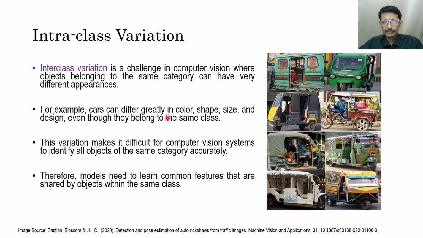For example, cars differ greatly in color, shape, size, and design, even though they belong to the same class. Same as this auto. This variation makes it difficult for computer vision systems to identify all objects of the same category. Therefore, the models need to learn common features that are shared by objects within the same class. So, these are the challenges in computer vision that we have to take care of very judiciously.